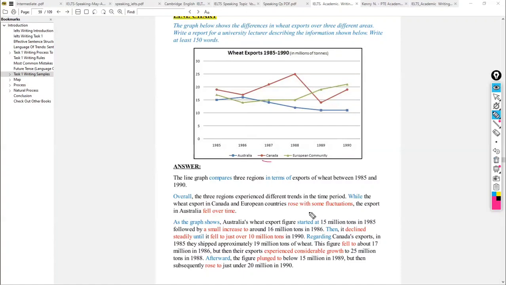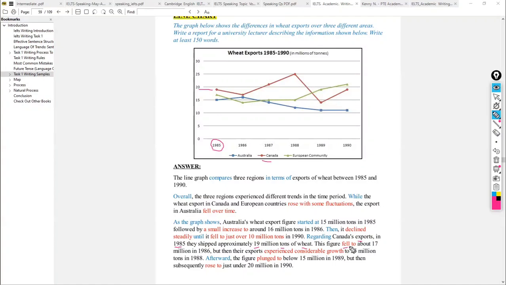Now I have to talk about Canada. Regarding Canada's exports, in 1985, at the beginning, they shipped approximately 19 million. Canada is in red. It is not exactly 20, but it is 19 million tons of wheat.